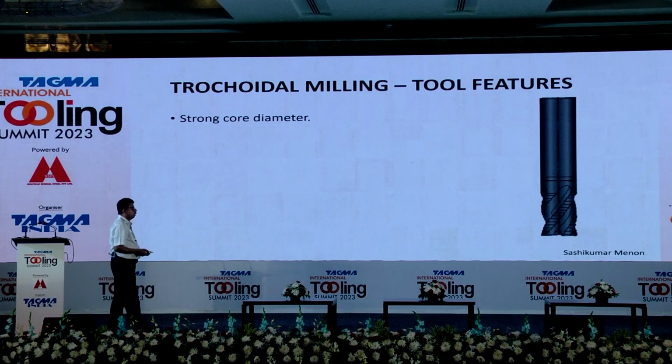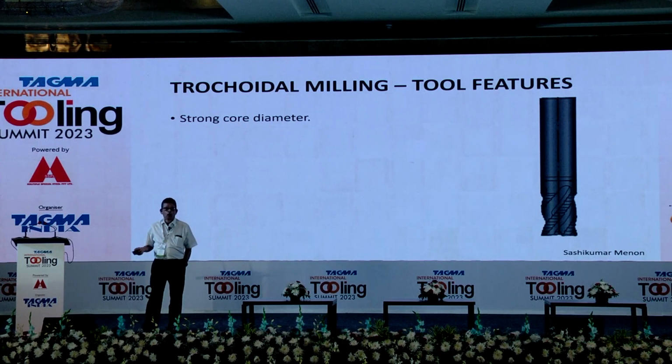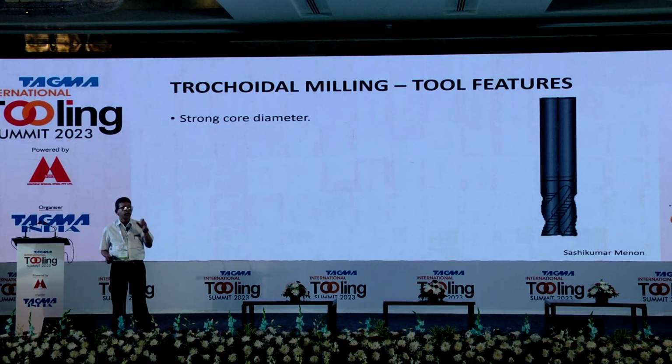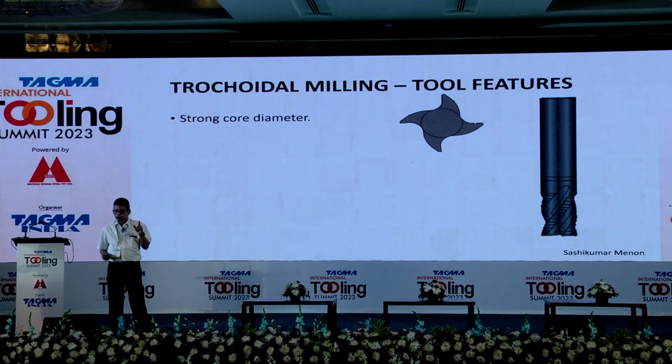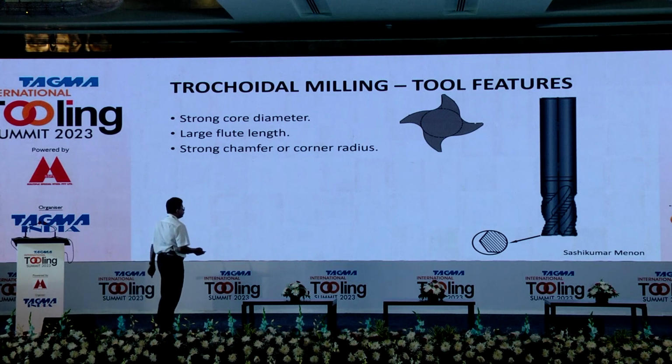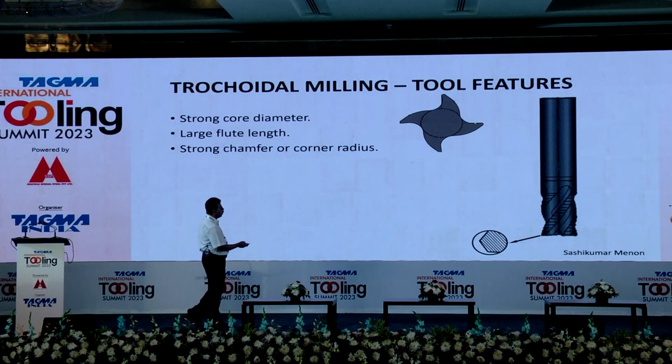But you can't use any cutter for trochoidal milling. You should take care of the cutter also. It should have a very strong core. Then you should have a large flute length, of course, because for a high depth of cut you need a large flute length. Then a strong chamfer or corner radius. This is very important.